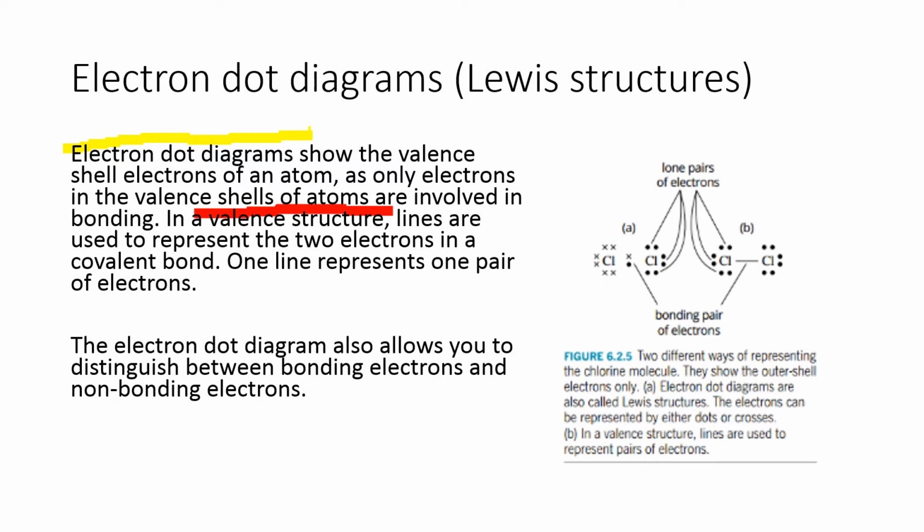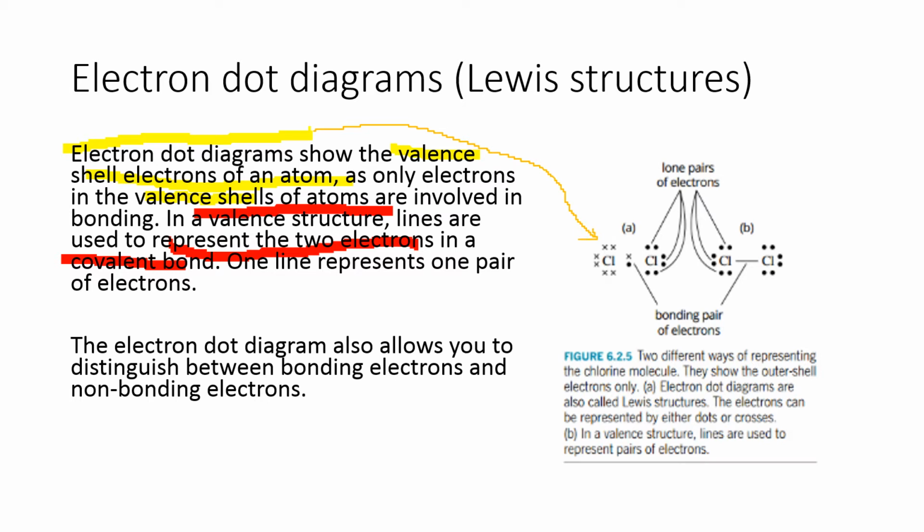When we talk about the electron dot diagram, it shows the valence shell electrons, as any electrons in the valence shell of atoms are involved. And when we talk about valence structure, lines are used to represent the two electrons in the covalent bond. As you can see, the electron dot diagram is also known as the Lewis structure.